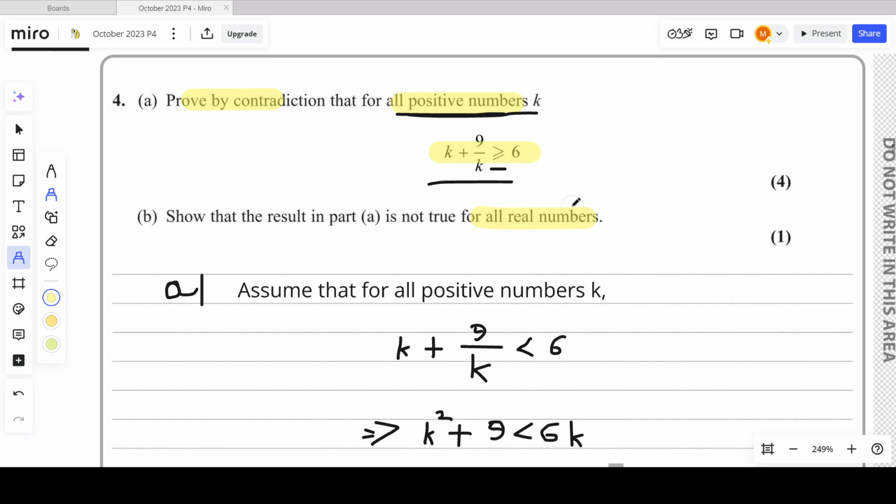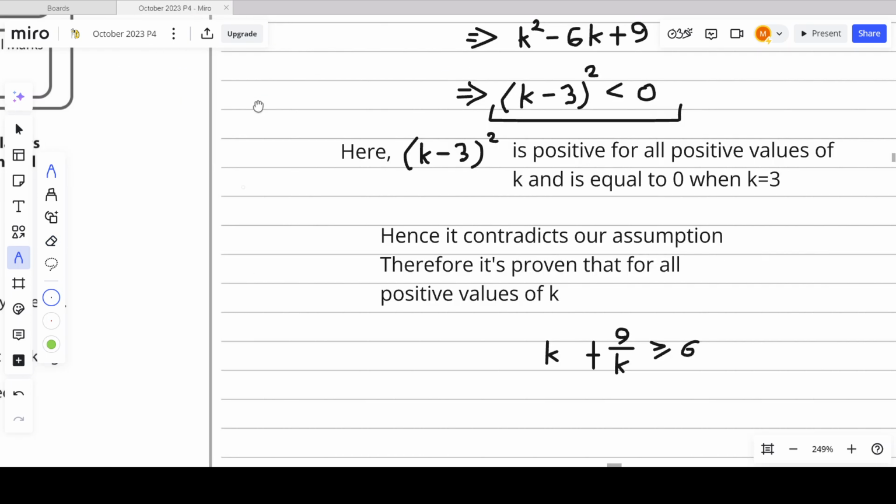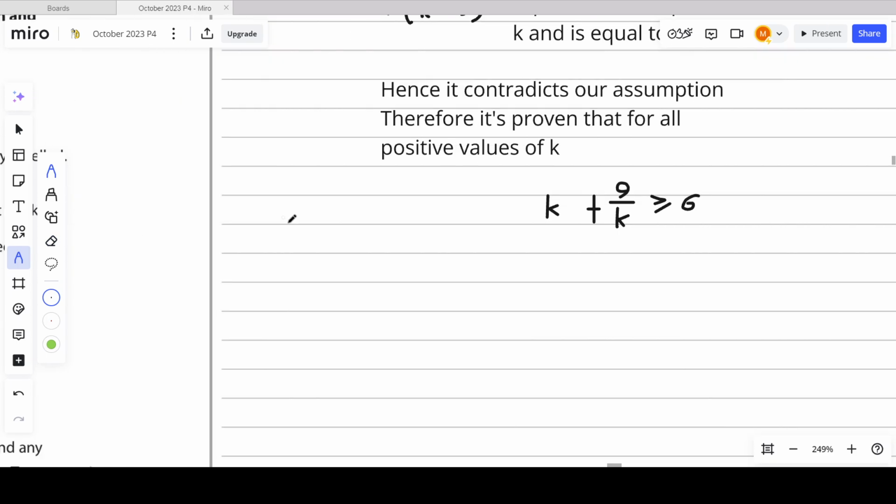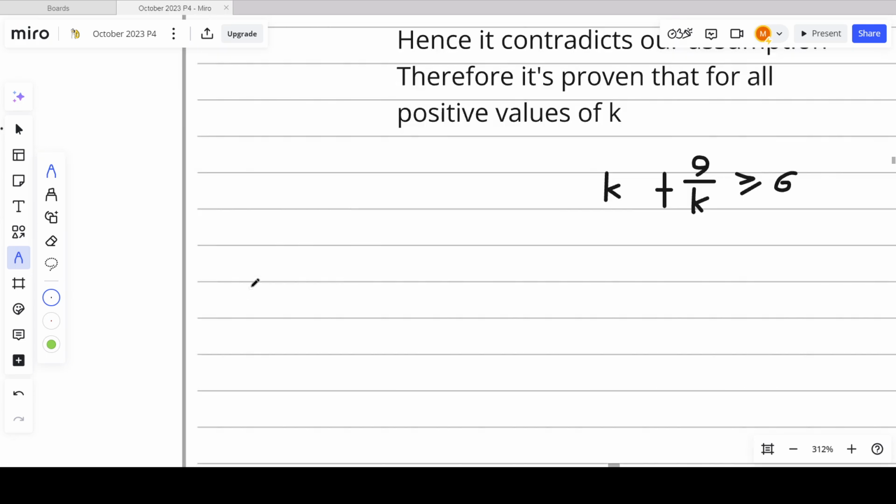Since it says show that it is not true for all real numbers, and in part A they considered k as all positive numbers, let us consider k equals 0 or any negative value. Let's consider k equals -3.